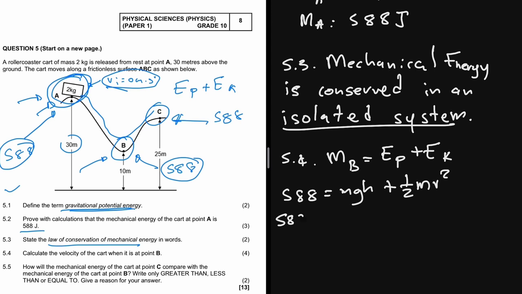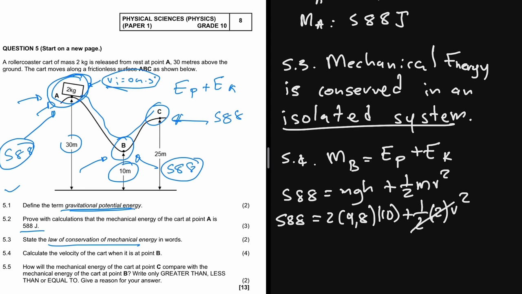So we're going to substitute everything that we know. The mass of the cart is 2, gravity is 9.8, and the height is 10 meters above the ground at point B. The mass is 2, and we are looking for the velocity, so this is just going to be v squared. If we do the calculations, we can see that half and 2 will just cancel out, and we are left with v squared.